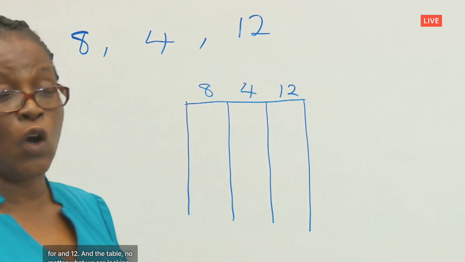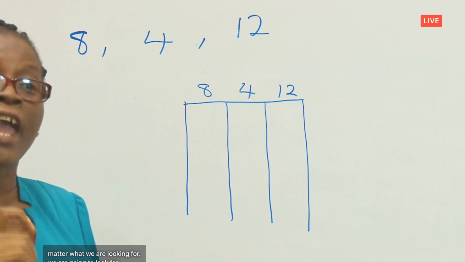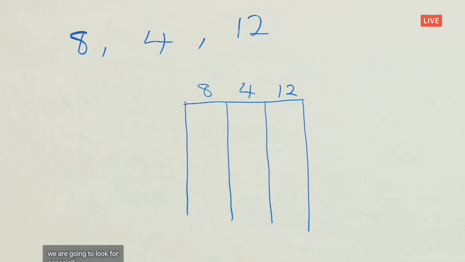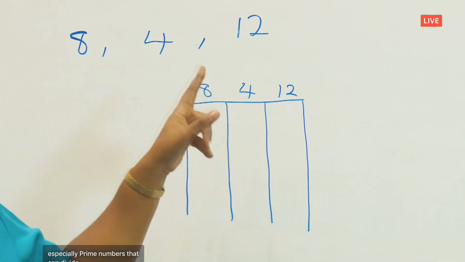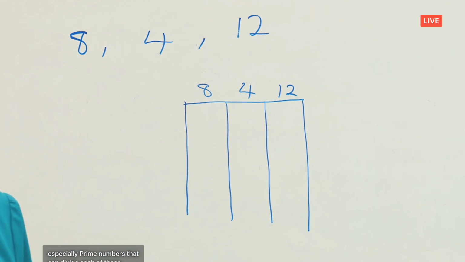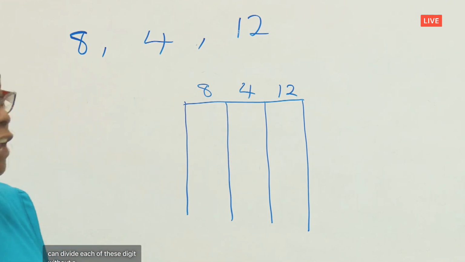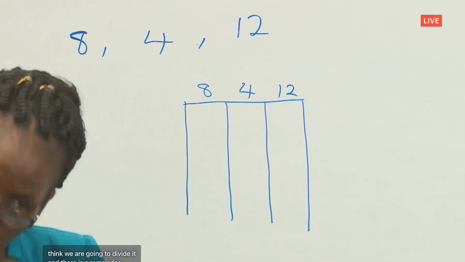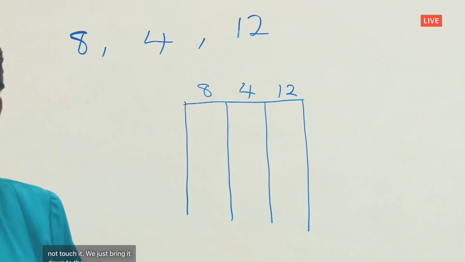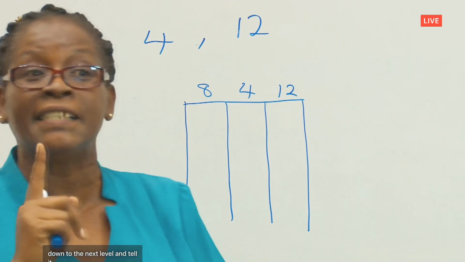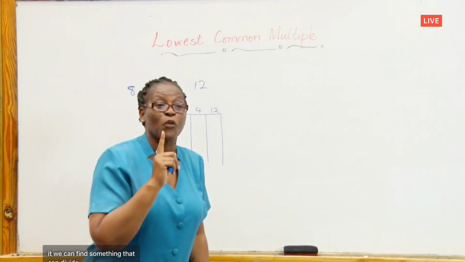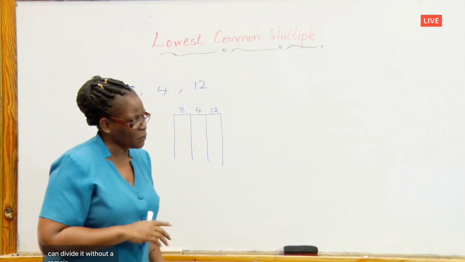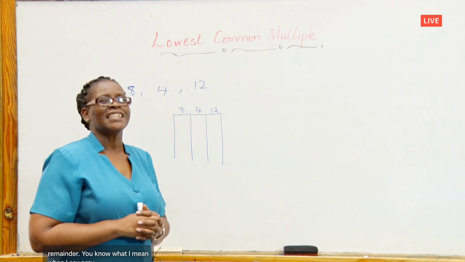Now in doing the table method, what we are looking for, we are going to look for especially prime numbers that can divide each of these digits without a remainder. If when we think we are going to divide it and there is a remainder, we do not touch it. We just bring it down to the next level until we can find something that can divide it without a remainder.